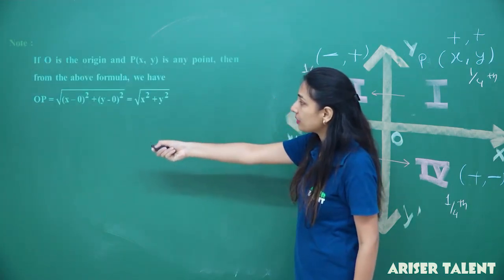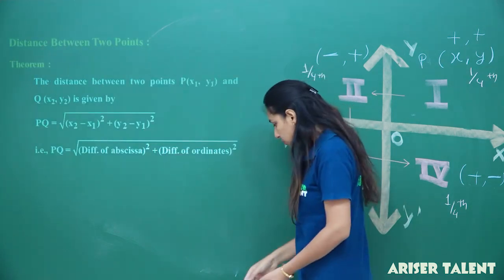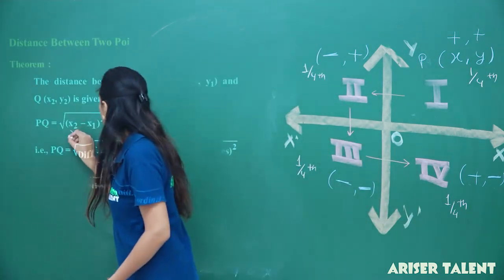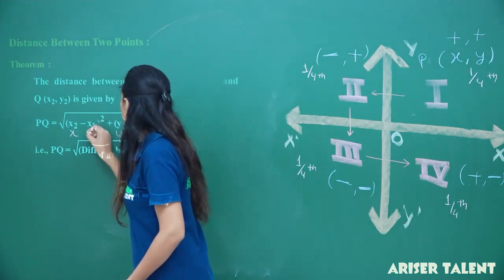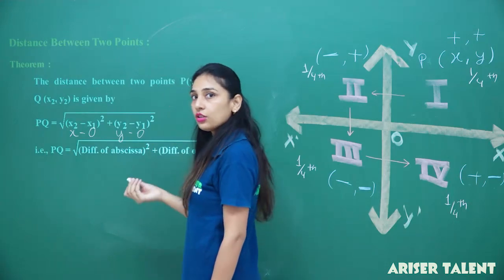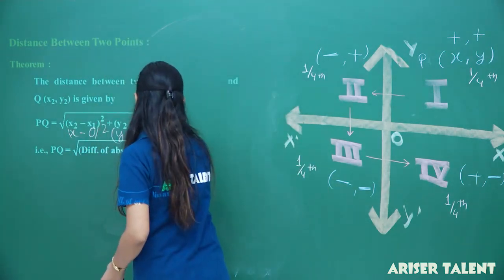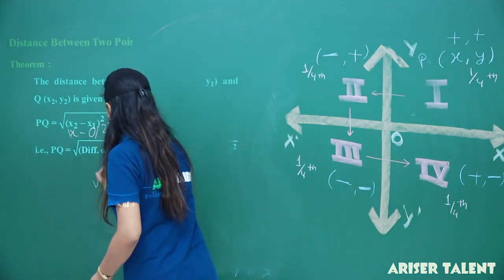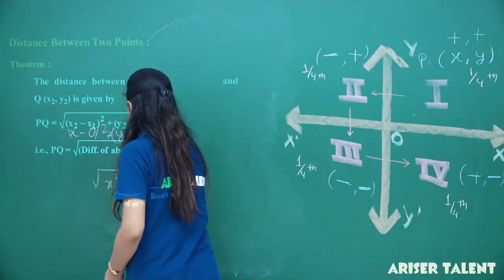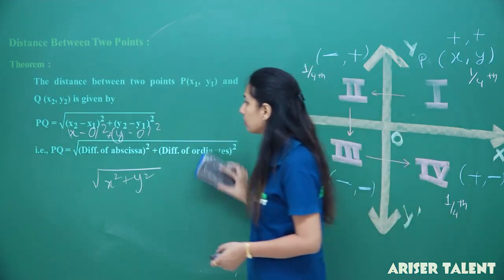So, if we substitute x2 and y2 equal to x and y here, and x1, y1 as 0 and 0, that will be the under root of x square plus y square. Note this.